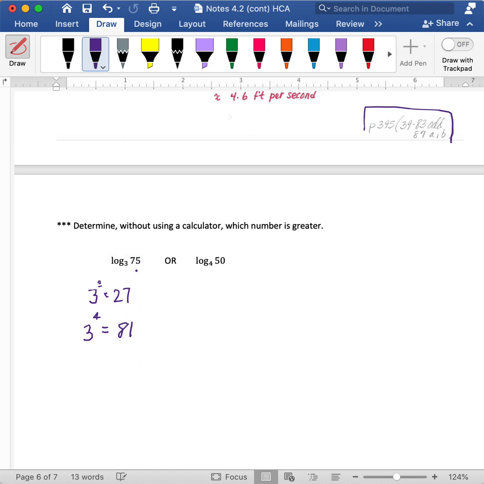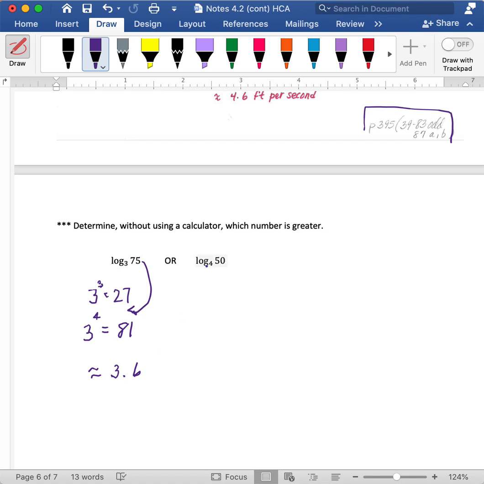All right, so 75 is a number between there. So this number actually is approximately 3 point something. Maybe it's 3.4, 3.5, 3.6, something.